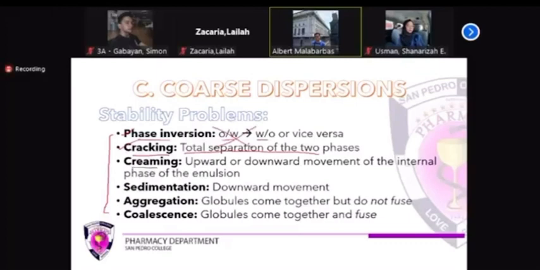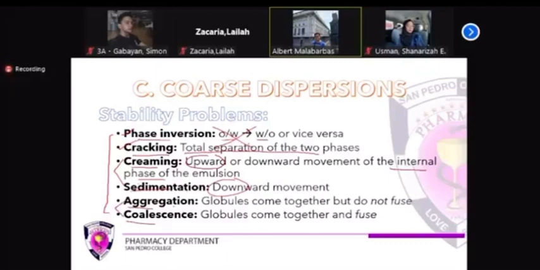Creaming and sedimentation, they are often interrelated. Creaming is the upward movement of the internal phase of the emulsion. Sedimentation is the downward movement of the internal phase of the emulsion. Aggregation and coalescence are often defined together.